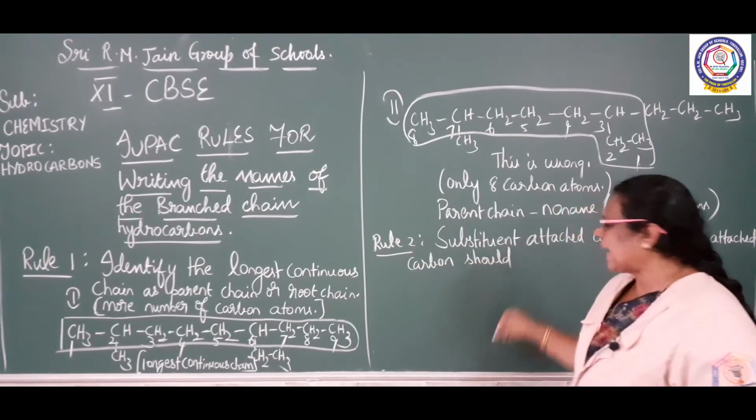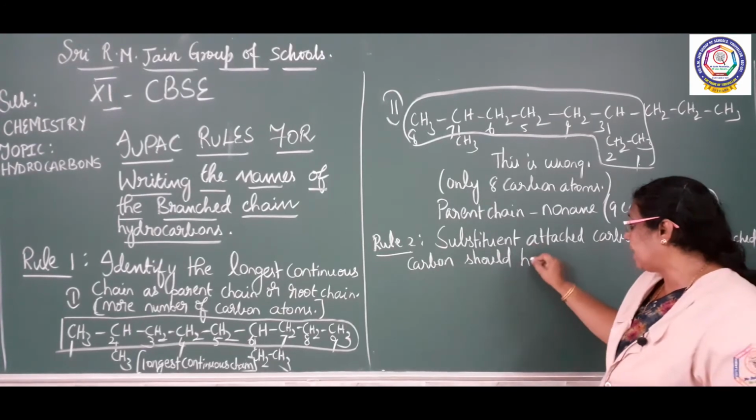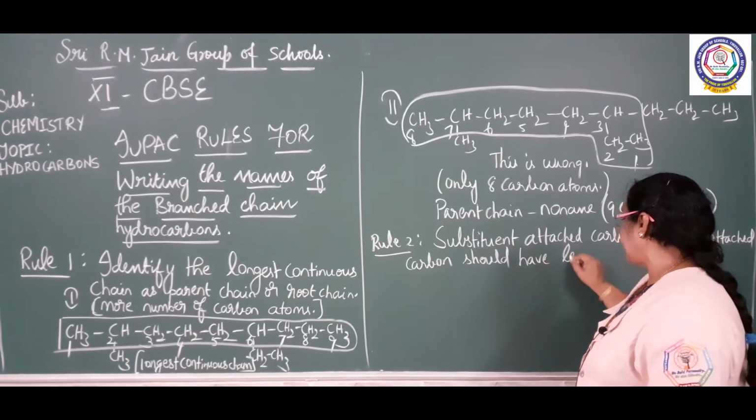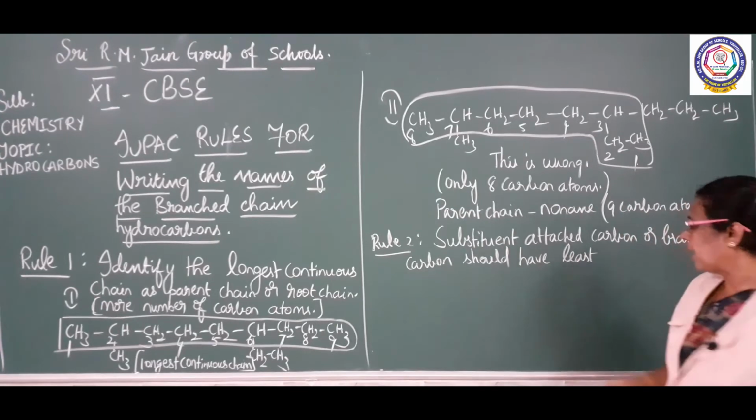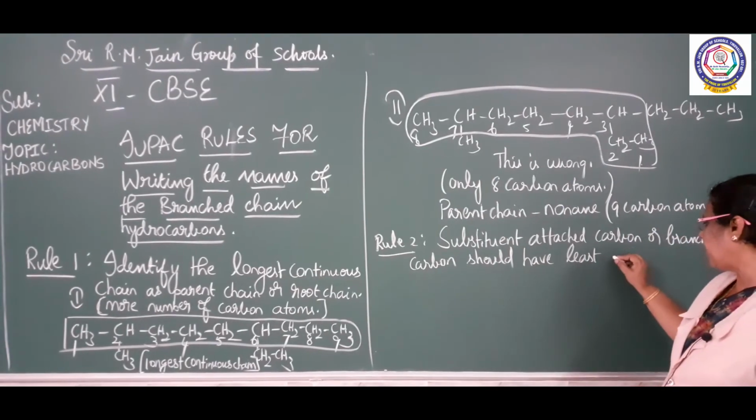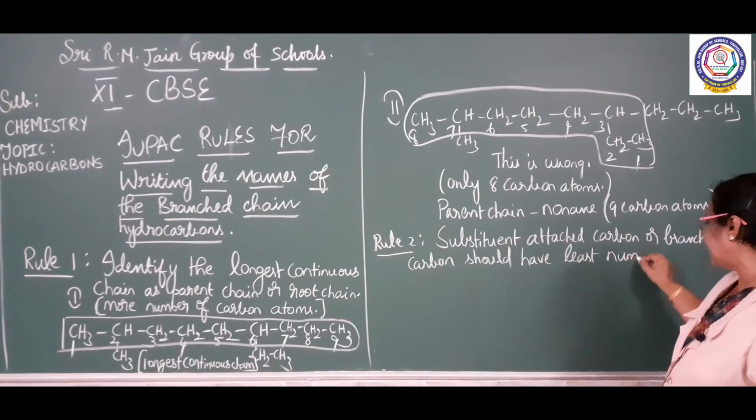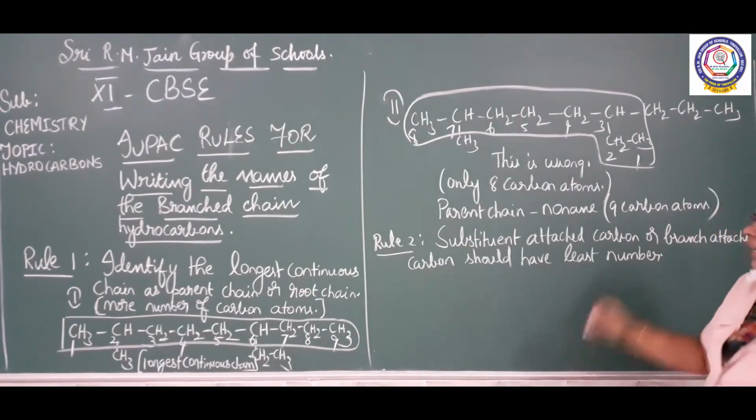The branching attached carbon should have the least number. The substituent attached carbon should have the least number.